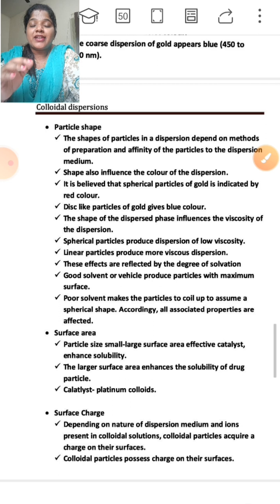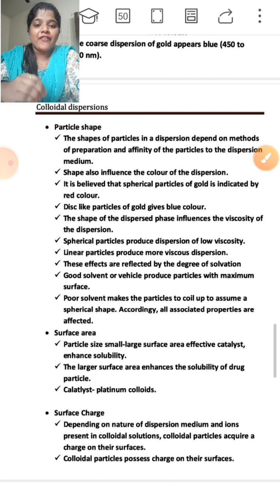These effects are reflected by the degree of solvation, and a good solvent or vehicle produces particles with a maximum surface. A poor solvent makes the particles coil up to assume a spherical shape. Accordingly, all associated particles are affected.